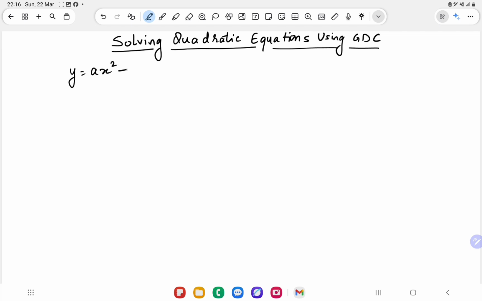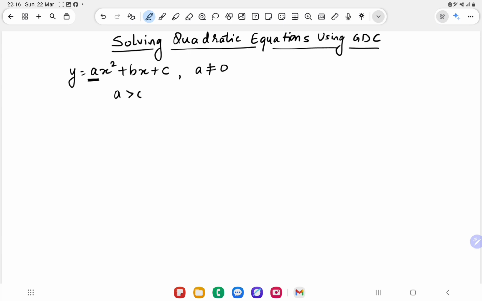So if I write y equals ax square plus bx plus c, this is my quadratic function, where the condition is a cannot be 0. Whether your quadratic curve will be concave up or concave down in shape is purely dependent upon this value a.